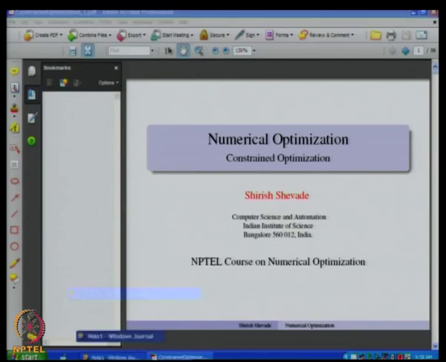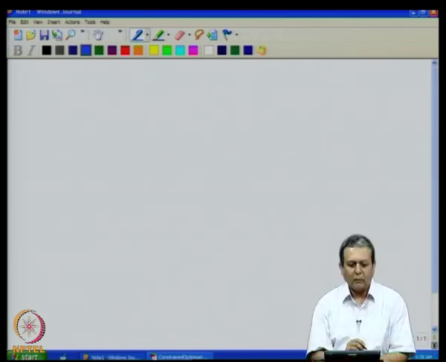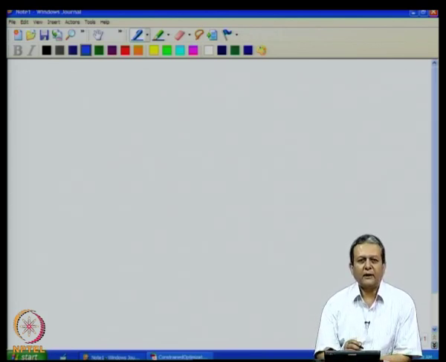we have looked at this problem where we want to find a box of minimum surface area which can accommodate a certain volume.